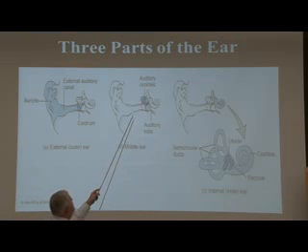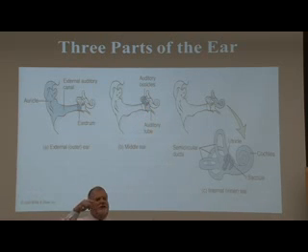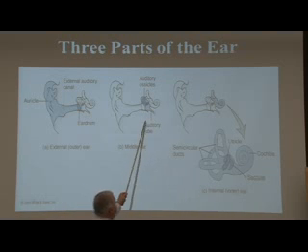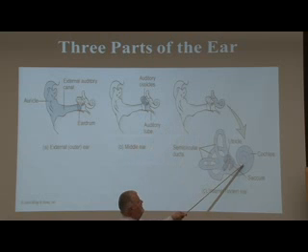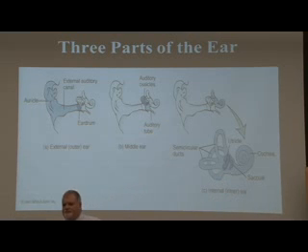The one that's actually connected to the tympanic membrane is the malleus. The one that is in between is the incus. And then the one that communicates with the inner ear, which is where we're hearing, called the cochlea, is the stapes.